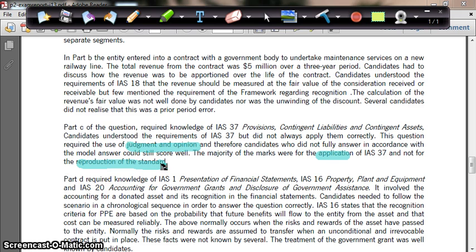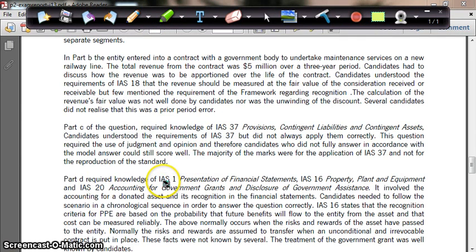So this is again highlighting that, at this level, we're not just looking at how much of the syllabus you actually know, but we're wanting to know, do you fully understand the concepts behind the syllabus and all these IAS and IFRS standards? And also, can you apply them to accounting issues that would very much arise in reality?